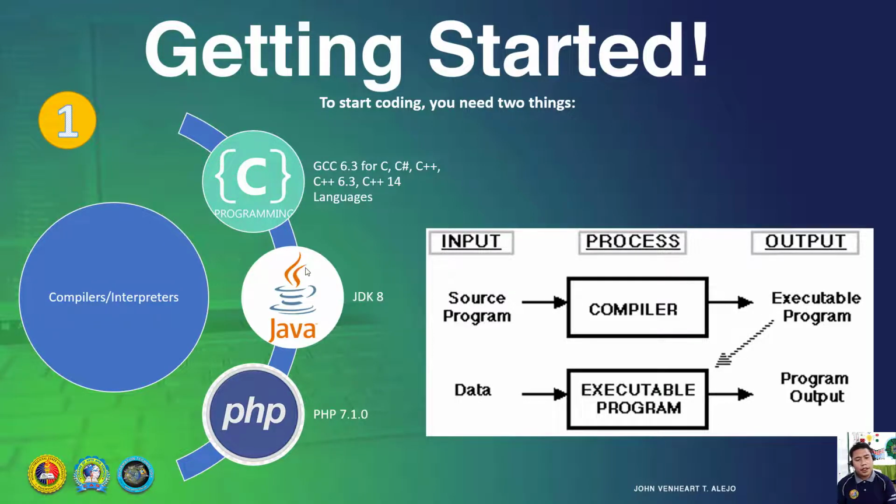Now, a compiler is actually an interpreter. It compiles and interprets your high-level language into a low-level language. When we say low-level language, this is binary, 101010, that only computers understand. And the Java language or C++ language is the high-level language that us humans can understand.